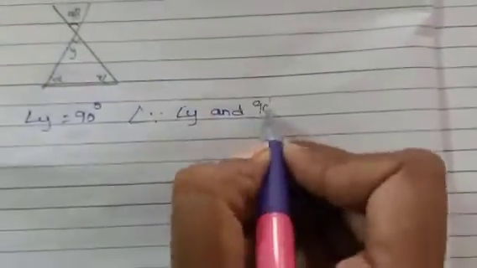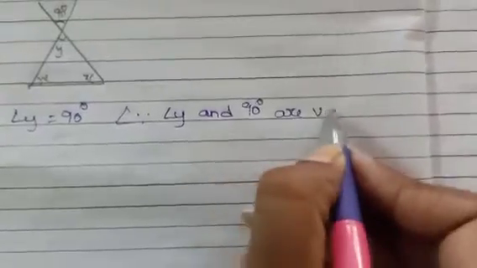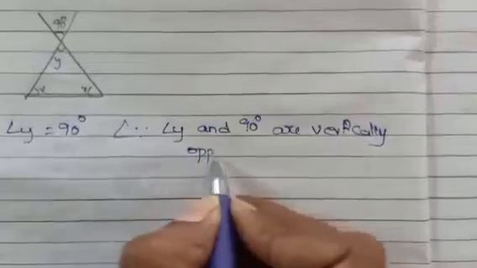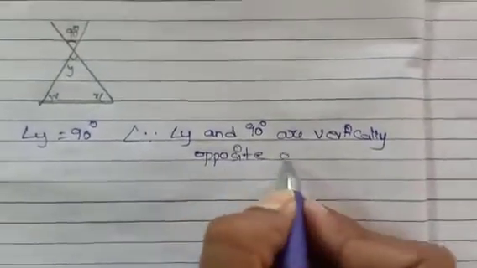Okay. The fifth one, what is given here? 2 times angle x is given, and here angle y is vertically opposite to this 90 degrees. So we will take angle y is equal to 90 degrees, because angle y and 90 degrees are vertically opposite angles.